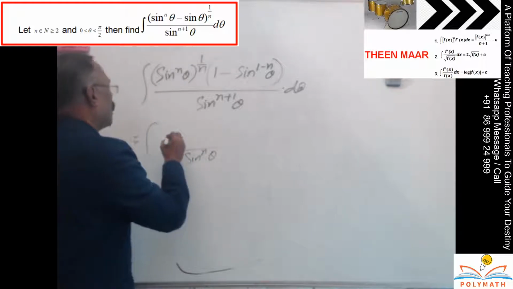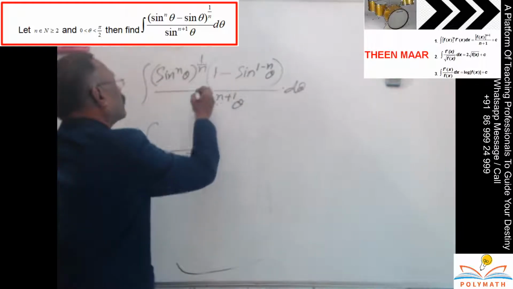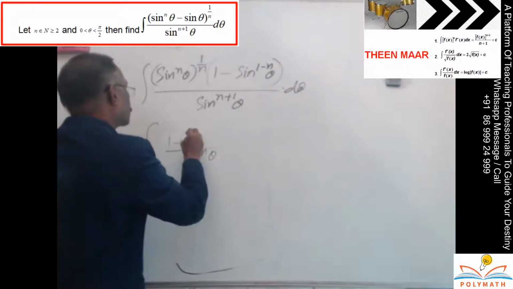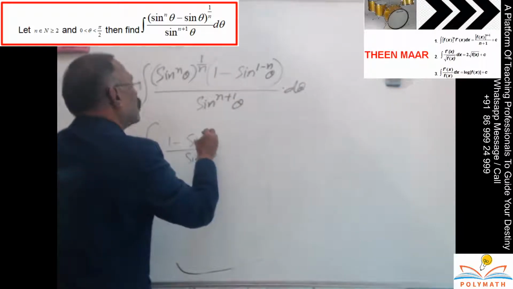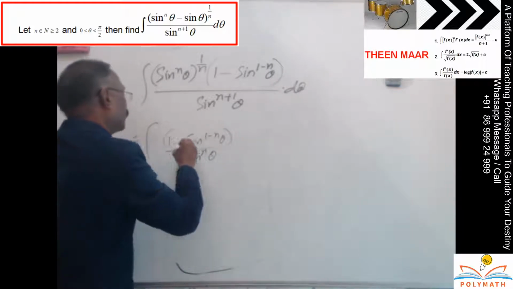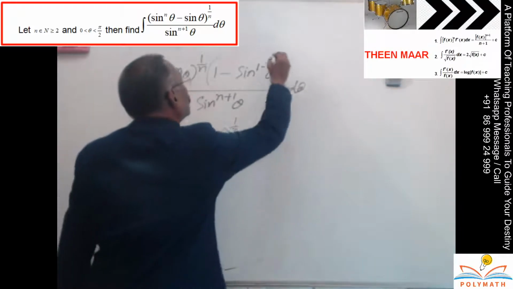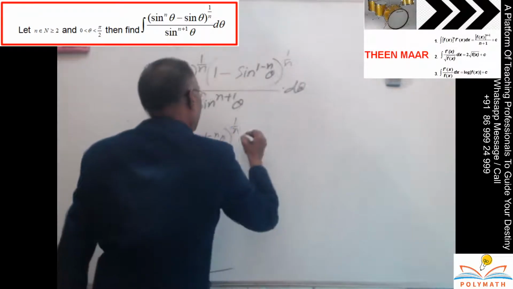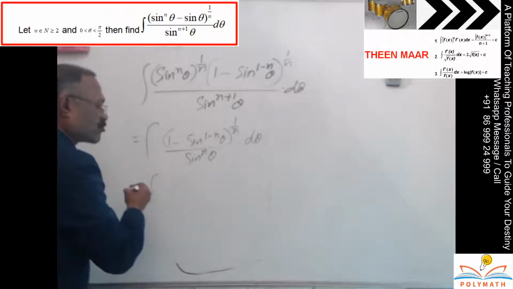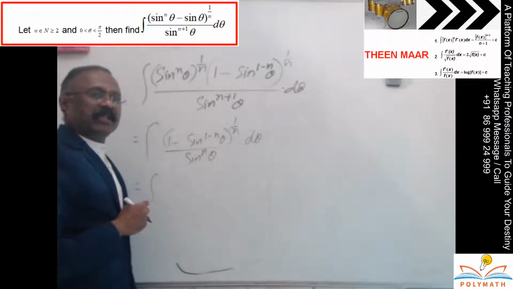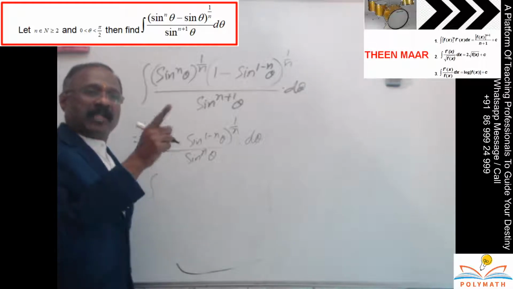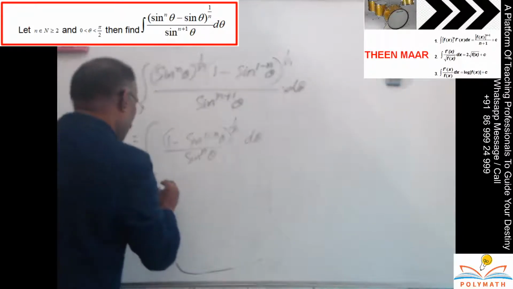And the numerator becomes, this is already done, 1 minus sine of 1 minus n theta whole power 1 by n is there. Just see that. Now I'm just trying whether it can be converted to type 1 or not. So let me try that.